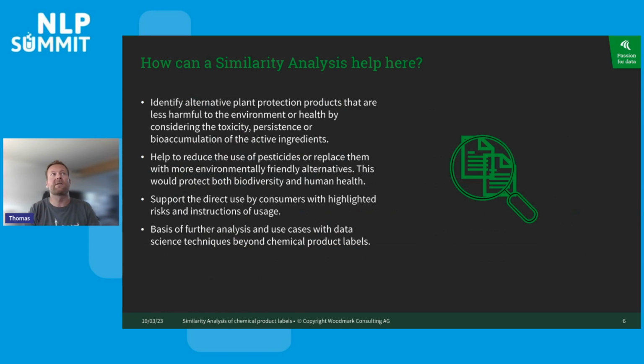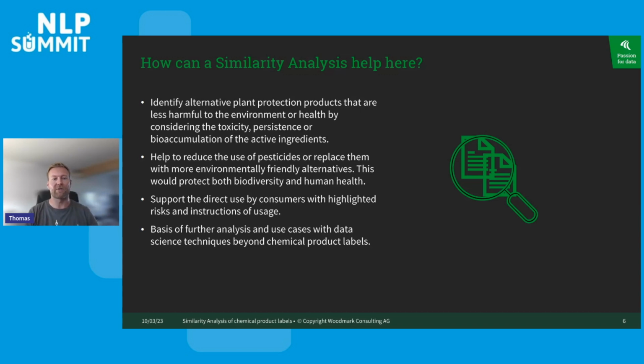So the question is, okay, after knowing all these hard facts about pesticides, what is the link to similarity analysis here? How can we solve some problems or reduce the use of pesticides, so that we can hopefully identify alternative plant protection products that are less harmful to the environment or health by considering the toxicity, the persistence, or bioaccumulation of the active ingredients.